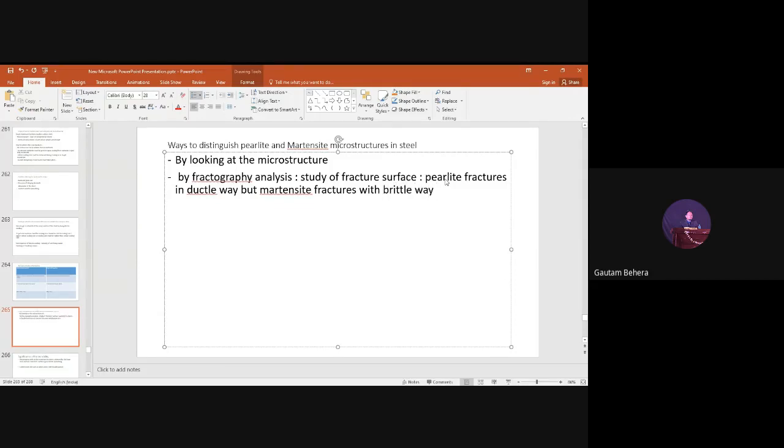Because martensite is a hard and brittle phase, it will show a brittle fracture surface, and perlite will show a ductile fracture surface. So you can easily distinguish them, right?